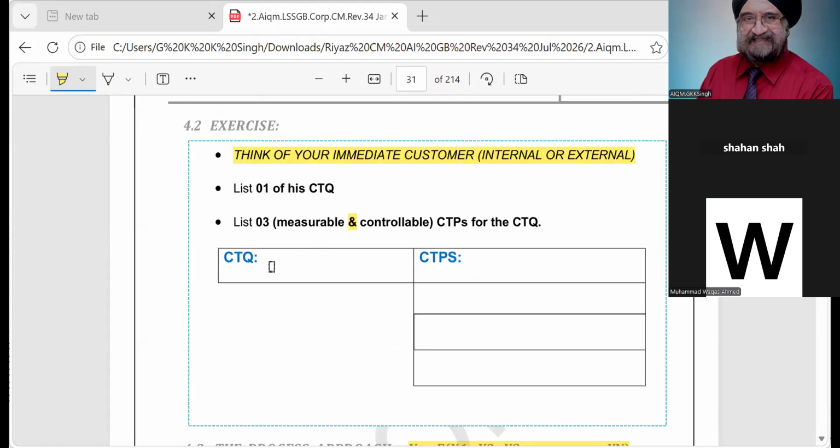I gave you an example. I said CTQ is to submit an accurate report on 3rd of every month. So let us say this is your internal customer, your senior, and the CTQ is he wants you to submit an accurate report on 3rd of every month. So what will be the CTPs for you where you should focus so that you can achieve this CTQ? All of you put your CTPs in the chat window.